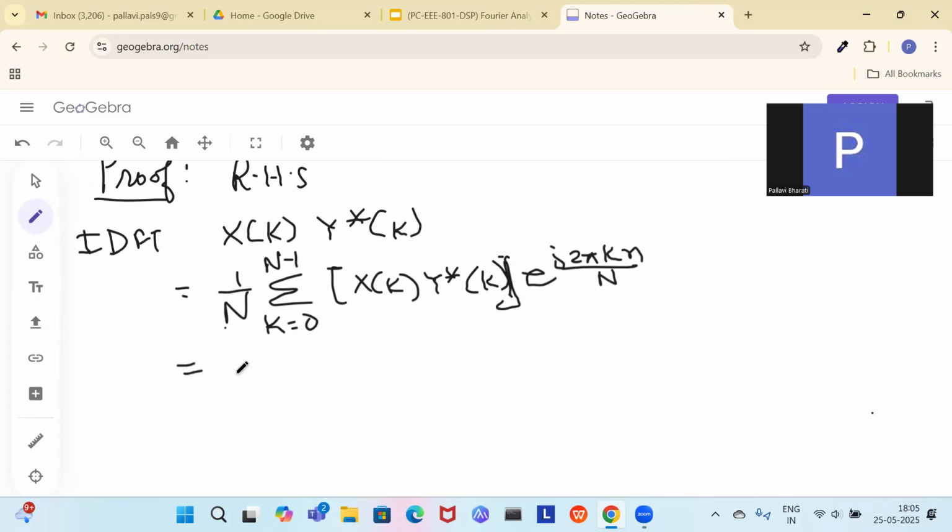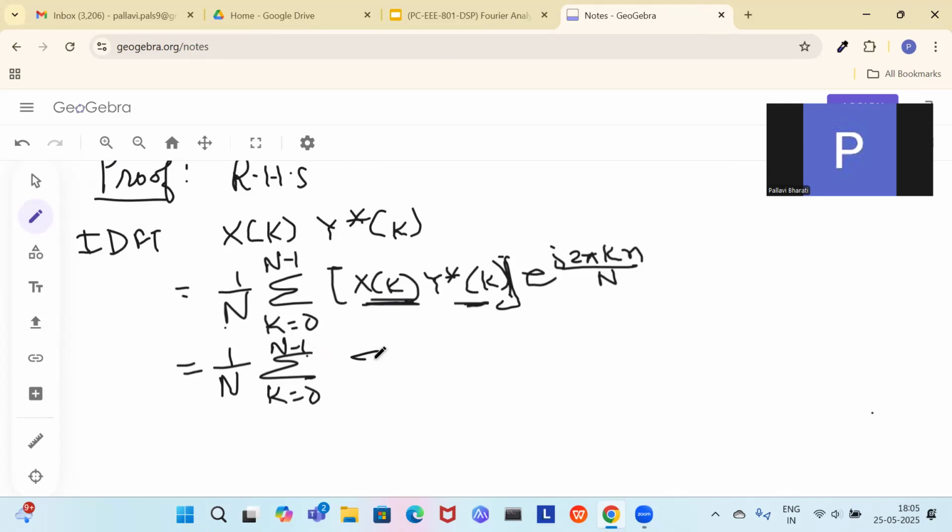Next, we have to write the values for this part and this part in terms of DFT. So how will we do that? k equals 0 to capital N minus 1.